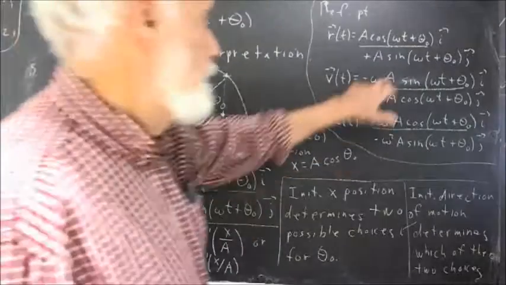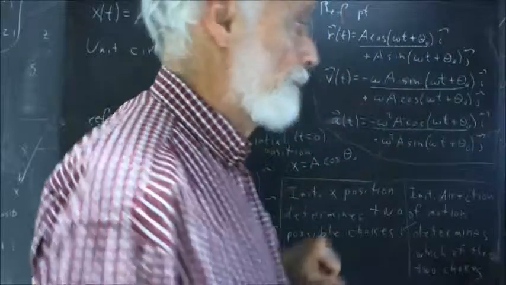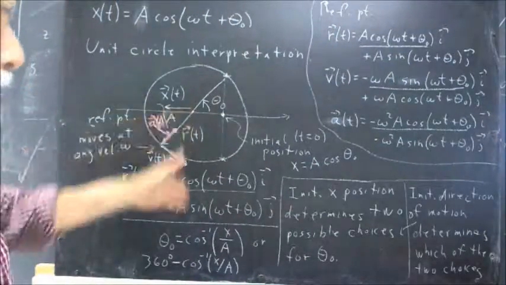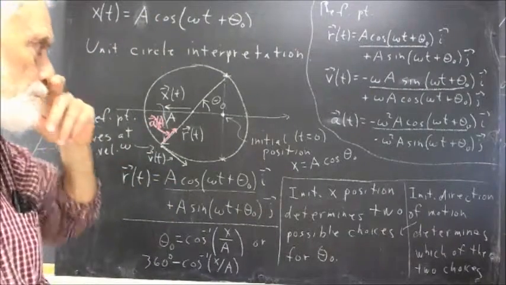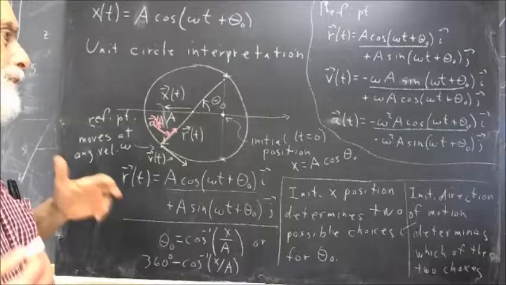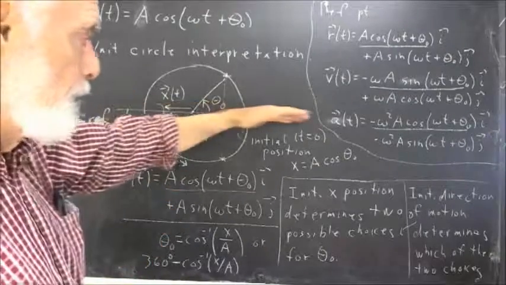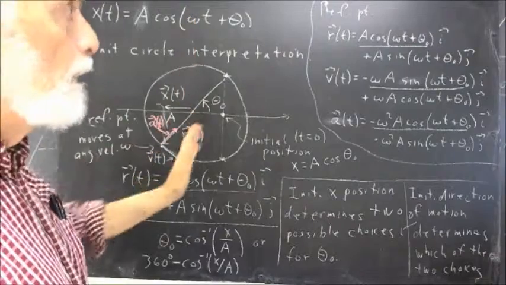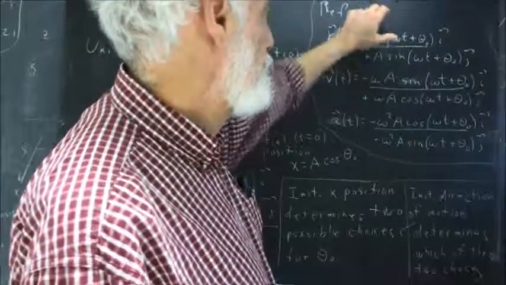We could as easily have used the sine function for the position function. Now, of course, on the unit circle, the sine is vertical, but there's no essential reason to use the cosine for the x and the sine for the y when you're actually modeling a simple harmonic motion. Either function will work.